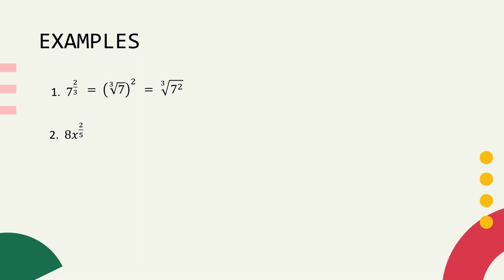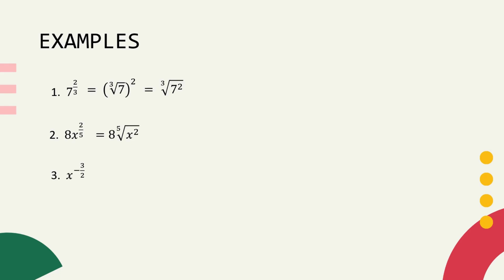And converting this one, the index or the root of the radical is the denominator, which is equal to 5, and the power is the numerator, which is equal to 2, and that is 8 times the fifth root of quantity x squared.